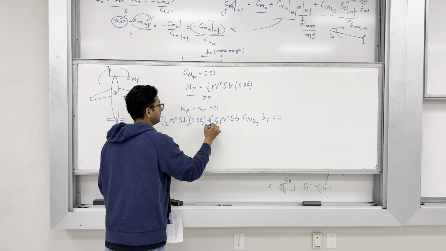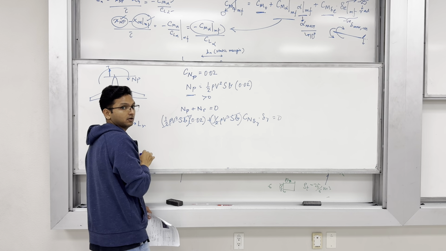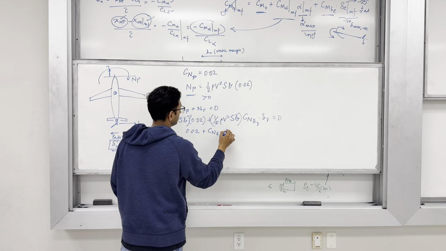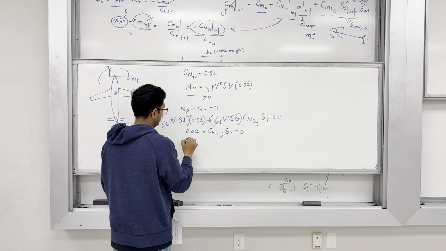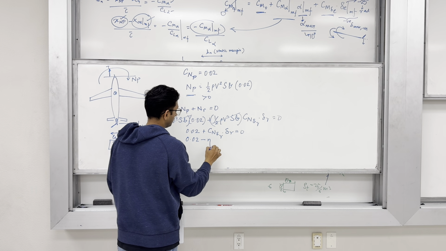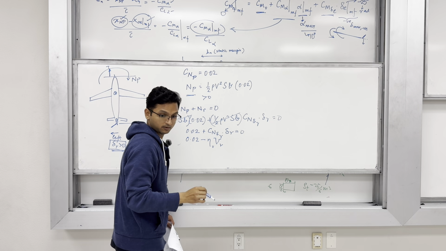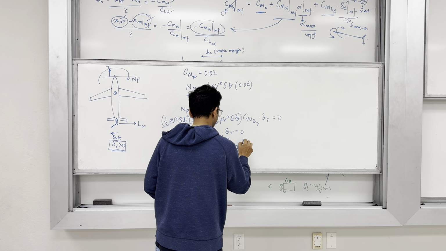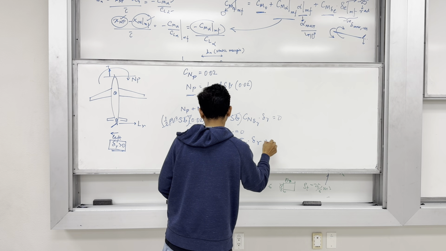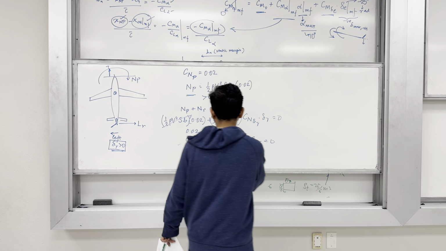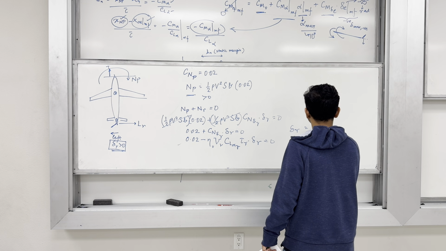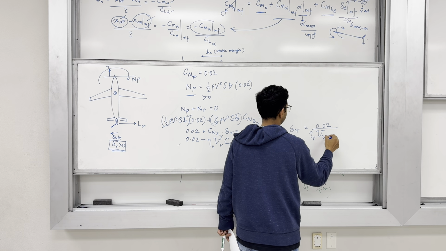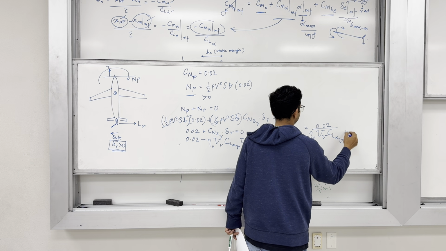This part is common, I can simply throw it out, and I have 0.02 plus C n delta r times delta r equals 0, and C n delta r is nothing but negative eta vertical tail, volume ratio vertical tail, CL alpha vertical tail, tau rudder. Which means that delta rudder is going to come out as 0.02 divided by eta vertical tail, volume ratio vertical tail, CL alpha vertical tail, tau rudder.